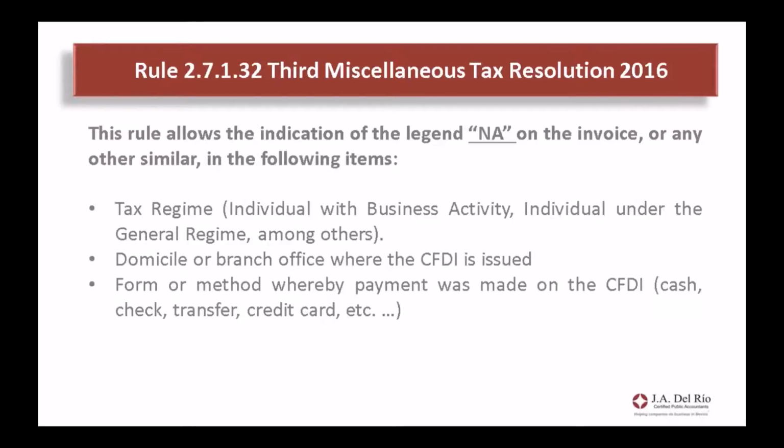Now, with this rule, we're able to include non-applicable or NA. Also, in the past, it was necessary to indicate their domicile or branch office at which the CFDI or XML was issued. So with this rule, we're also able to not include that information and just include NA.